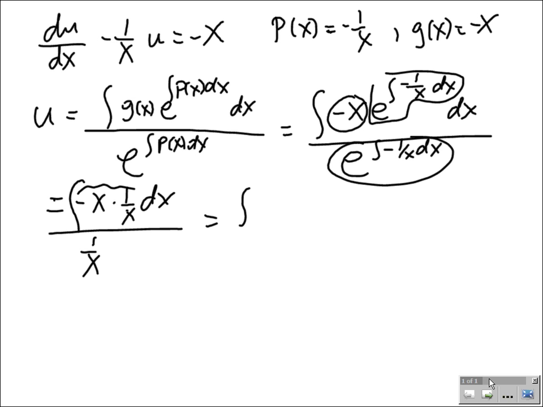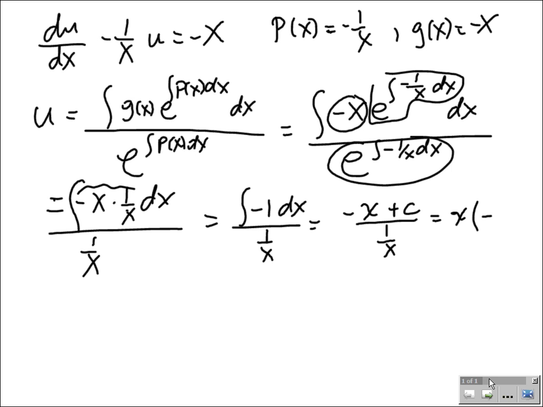This product turns out to be negative 1. Negative 1 dx over 1 over x. Well, the integral of negative 1 is negative x plus a constant divided by 1 over x. Well, instead of dividing by 1 over x, you can multiply by x.